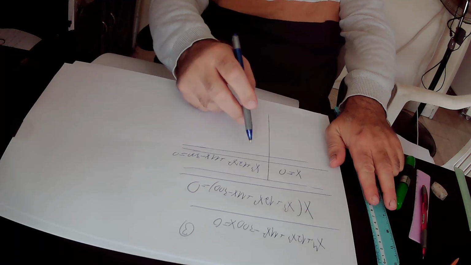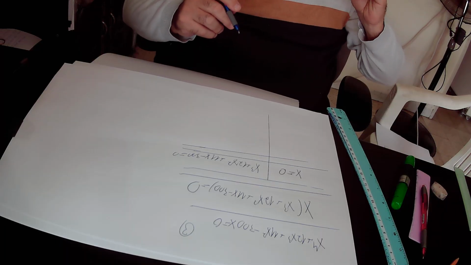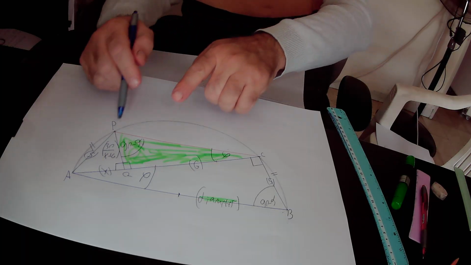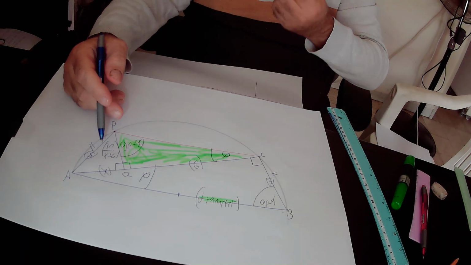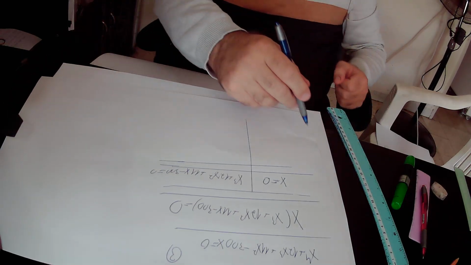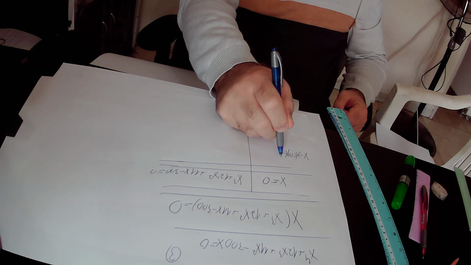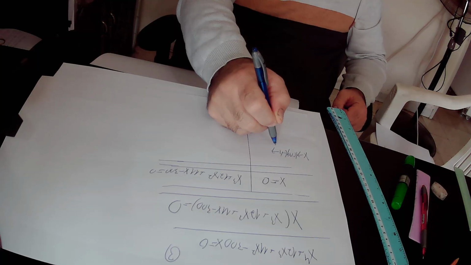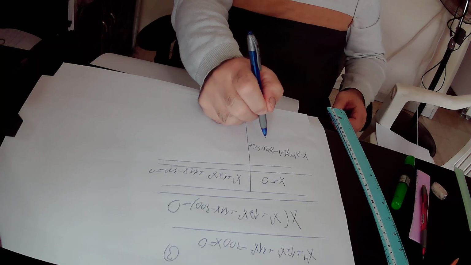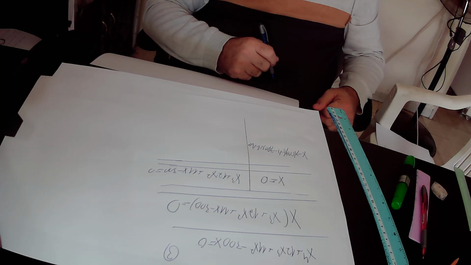So the first solution to this equation is that x equals 0. But the problem is that x can never be equal to 0, because x is the length of this line segment AQ, so x as a length must be a positive number. 0 is definitely not a positive number, and therefore x can never be equal to 0.